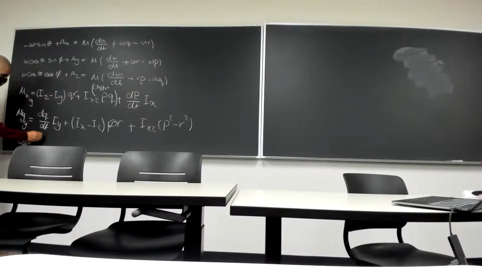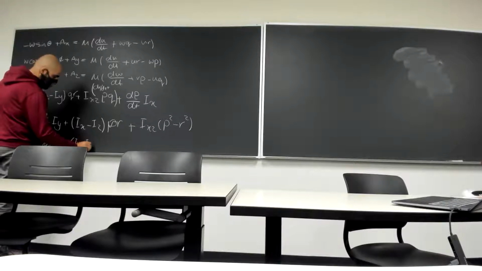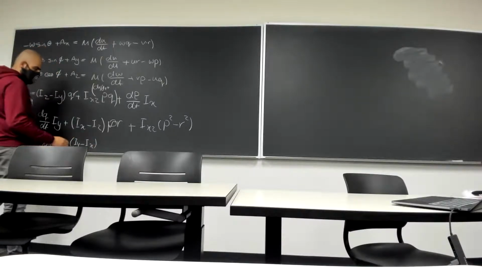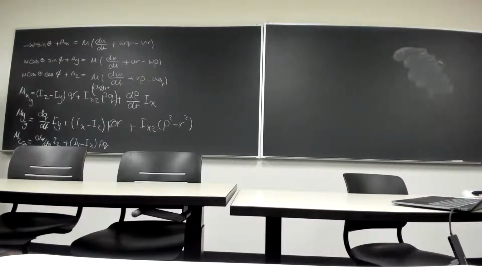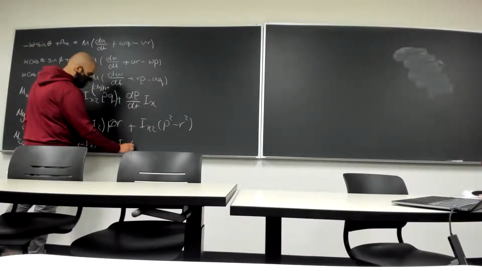dR/dt, okay. Iz, plus Iy minus Ix, PR. No, sorry, not PR. QR. PQ, right? It repeats. It should be PQ, right? I was looking at the wrong spot. Then it's Ixz times P squared minus R squared.